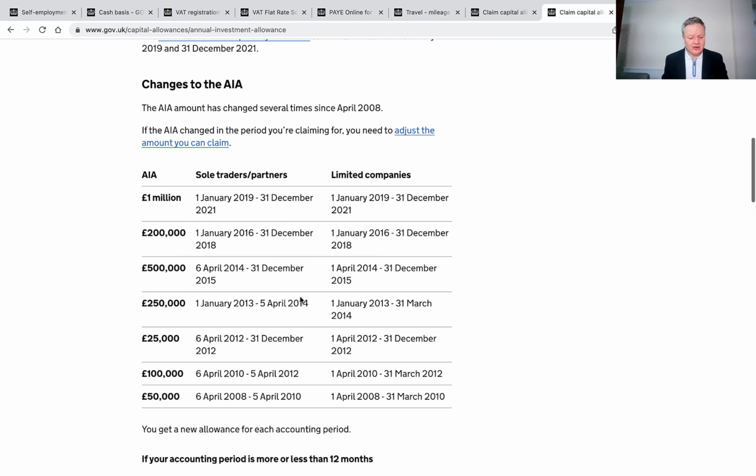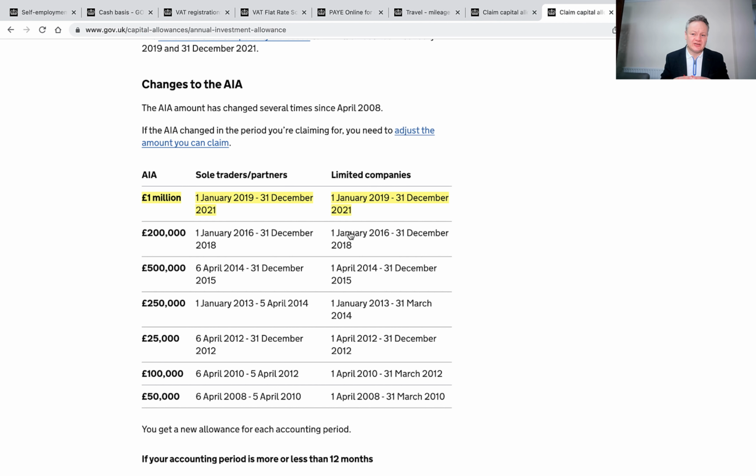Now, the annual investment allowance, by the way, up to the 31st of December, which has been extended, funny enough, is £1 million. So it's going to take quite a lot to have capital allowances offset against that. Again, annual investment allowance is capital allowances. They are one and the same.